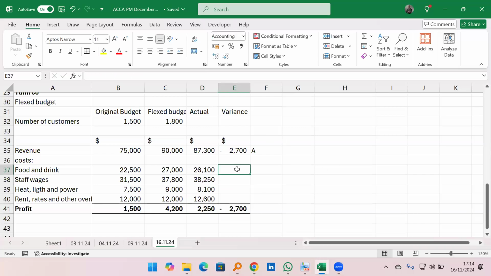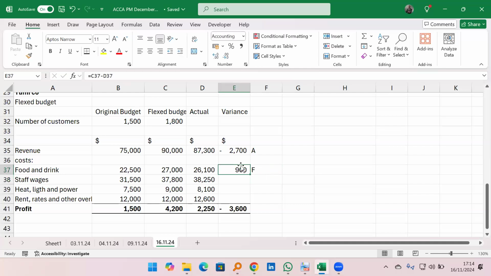So now for the variance, I am going to start with the flexed minus the actual. Why I'm doing it that way is my sign convention: if I have spent more than the flexed budget, then I have done poorly, but if I've spent less than the flexed budget, then I have done well, so this is favorable.